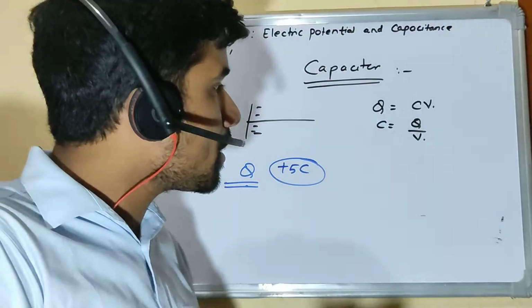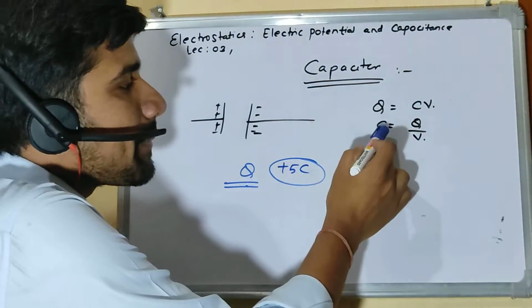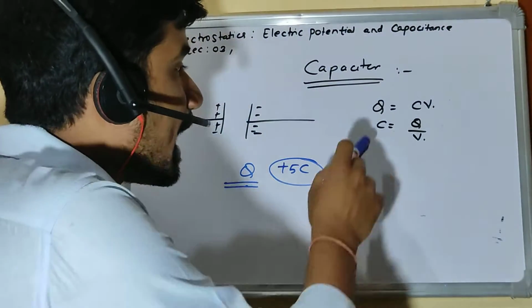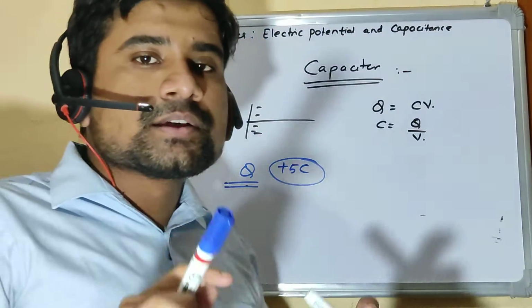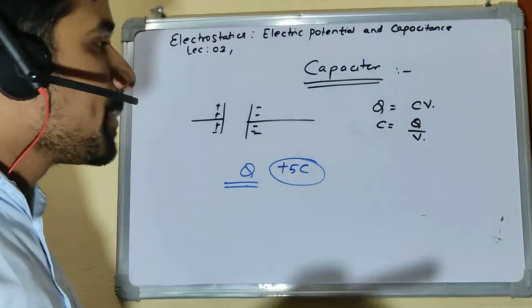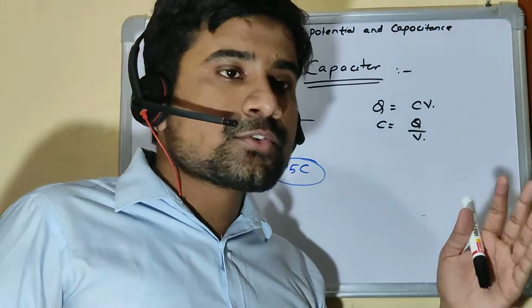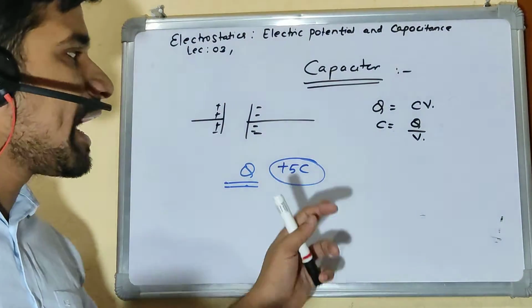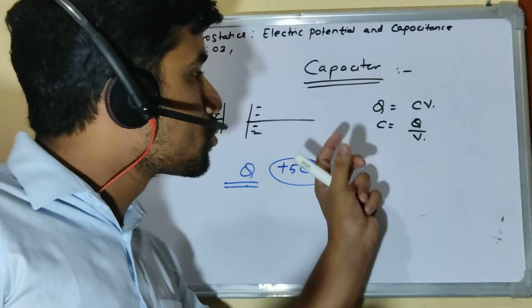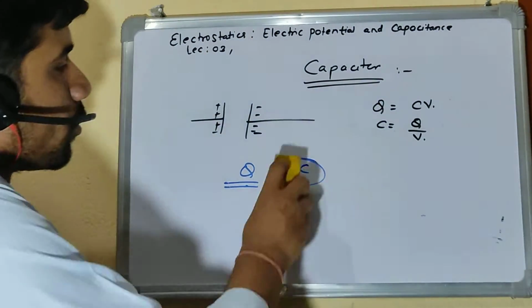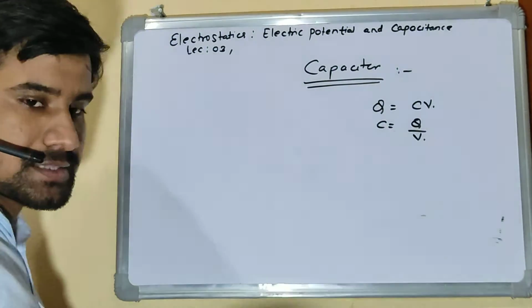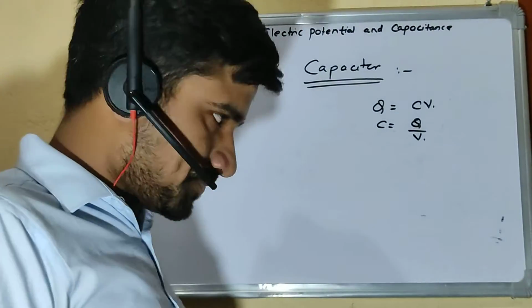If I choose a capacitor of higher capacitance, I can store this plus 5 coulomb at a limited potential. But if I go for a capacitor of low capacitance, then I need to apply a high potential to store the same amount of charge. Clear?